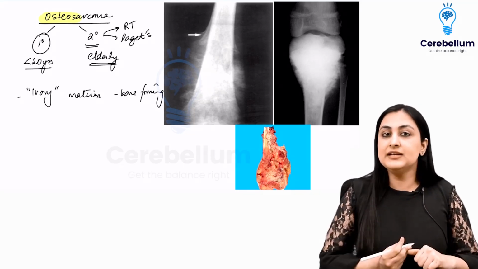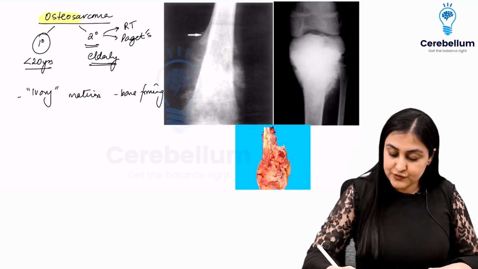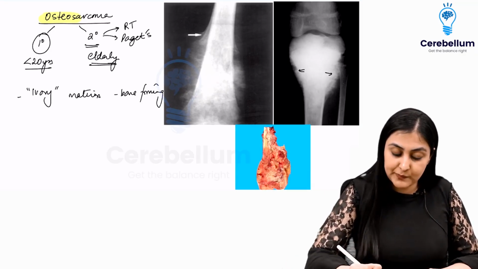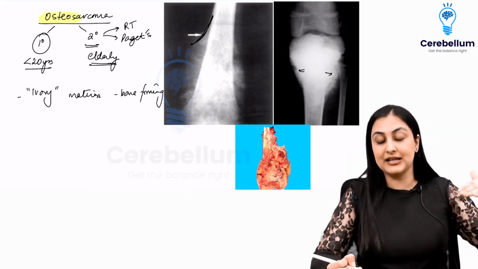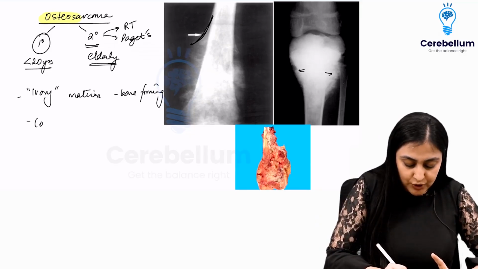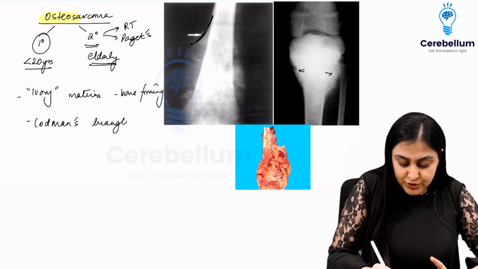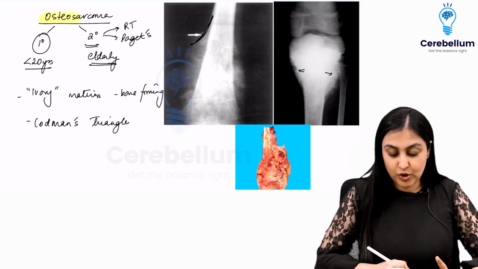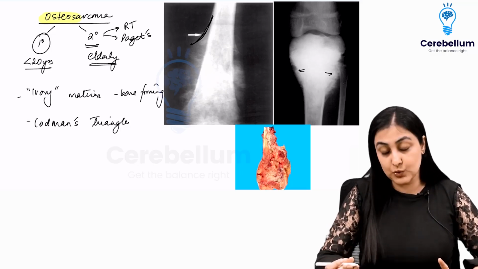What about the malignant part? So now you look at the periosteal reaction. We can first of all see how it is going out from the cortex. There is a soft tissue component, and we look at the periosteal reaction, which is lifted like this. So this is what is called the Codman's triangle. If you remember, I told you Codman's tumor is chondroblastoma. This is Codman's triangle, which is definitely a sign of a malignant bone tumor.